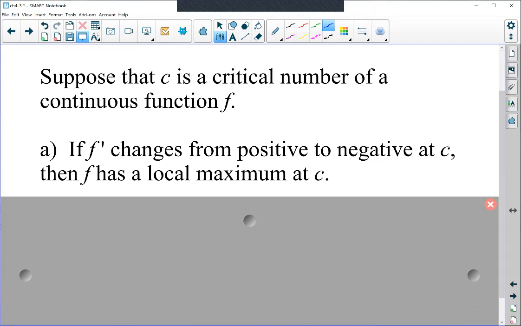So what this is saying is if f goes from increasing to decreasing, we have a maximum.